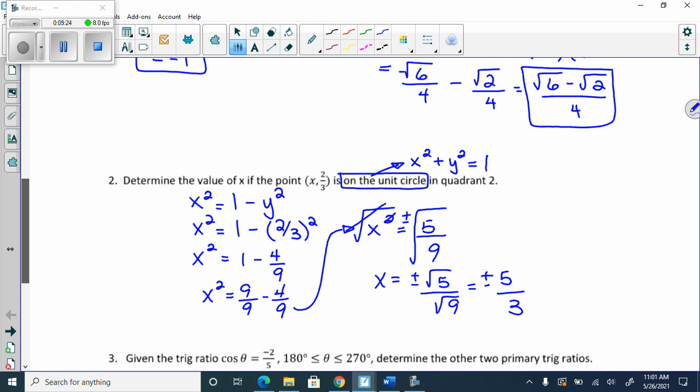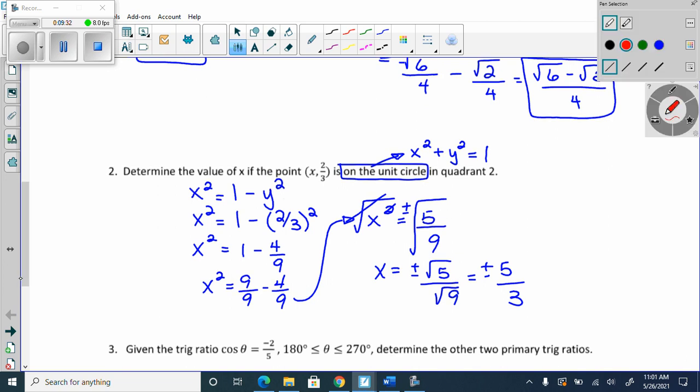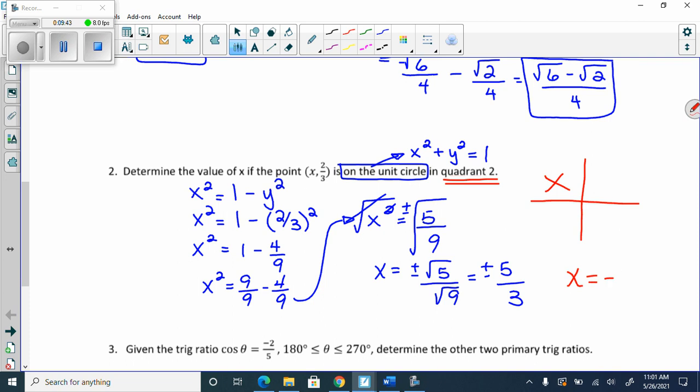Now, I can't give the answer plus or minus 5 over 3 because this one specifically states quadrant 2. And in quadrant 2, which is right here, are my x's positive or negative? Negative. So the answer is x equals negative root 5 over 3. I dropped that off there. Negative root 5 over 3. I don't like that.